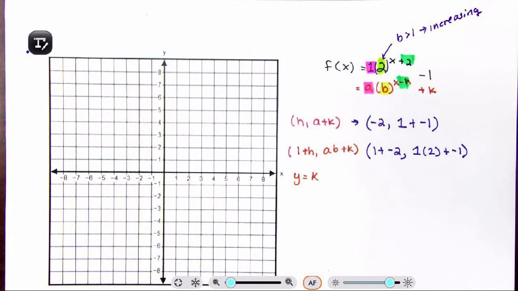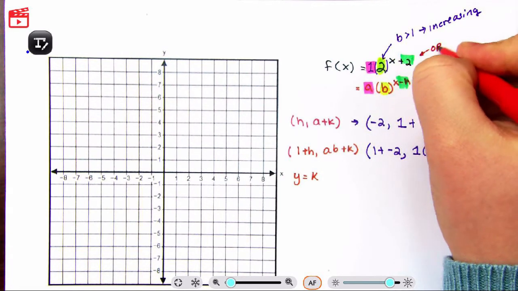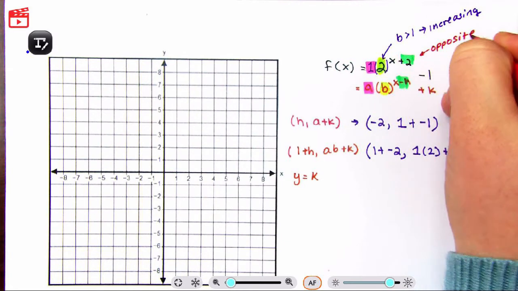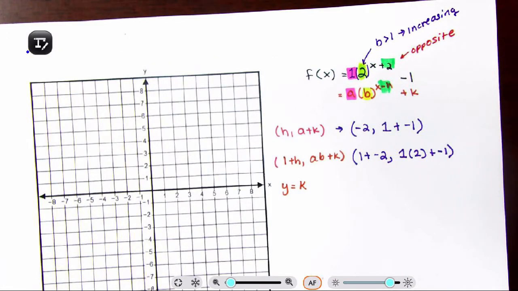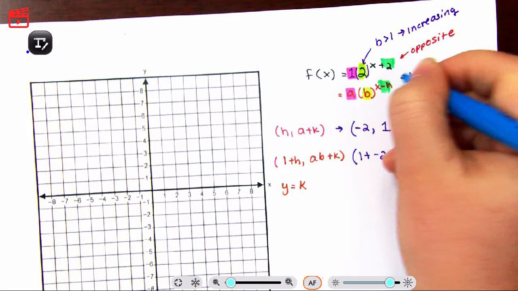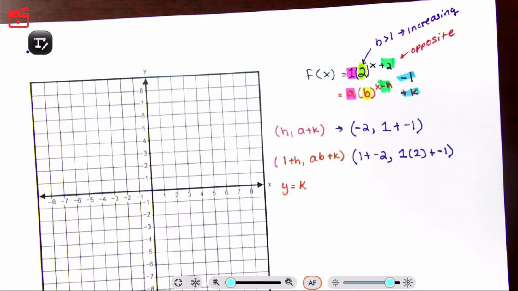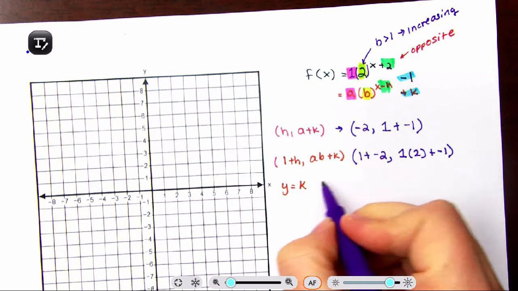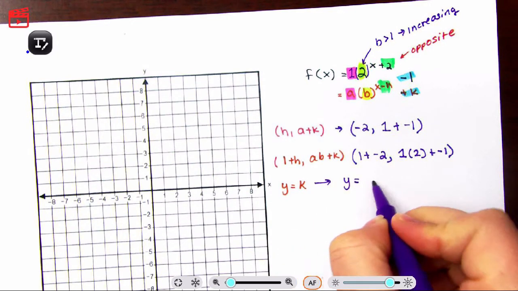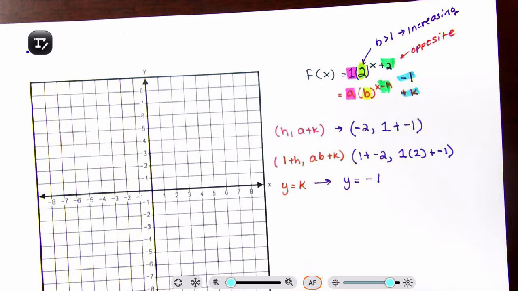Again, just make sure you know that these are opposite. And your K value is the -1. So that's where I'm getting all of those values. And then lastly, we have our asymptote line, which is y equals k, which in this case, y equals -1.